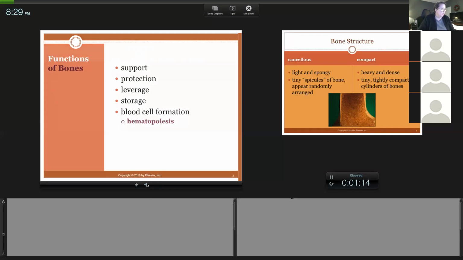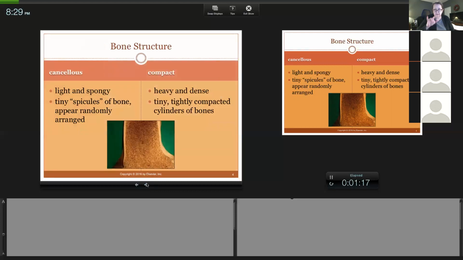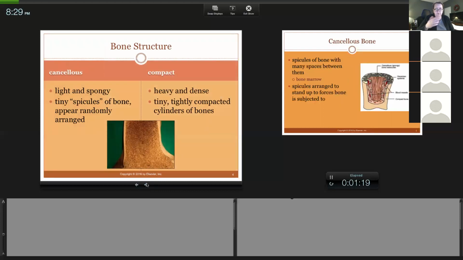Then we talked about understanding the two different types, the cancellous versus compact, which compact is always the outer. If you cut a bone in half, that's the outer very dense bone. In the middle, you're going to have the spongy bone, which is cancellous. Cancellous is up near each epiphysis, the proximal and the distal epiphysis. It's spiculated, which means it kind of has a dotted appearance.